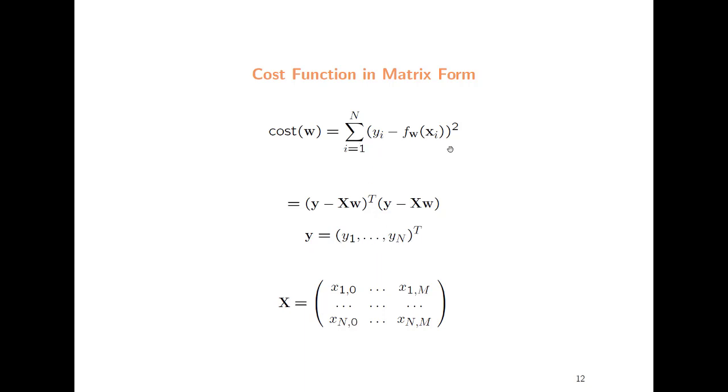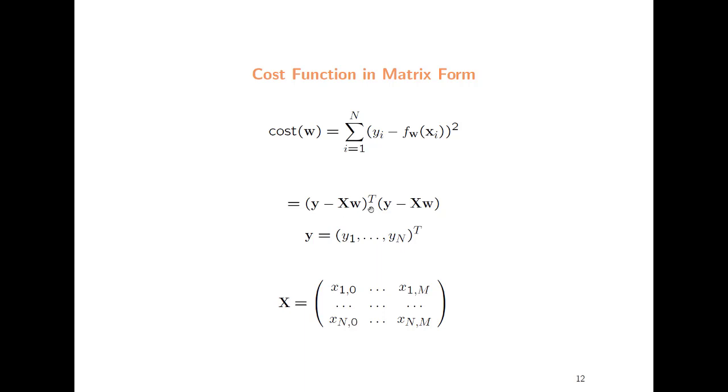Then we can write this cost function as a sum over terms, so we can write it as some form of an inner product. The vectors in this inner product are the target vector and the vector of the predictions. Remember, our prediction is this design matrix X times W. So this is the vector of the differences between the targets and the predictions.